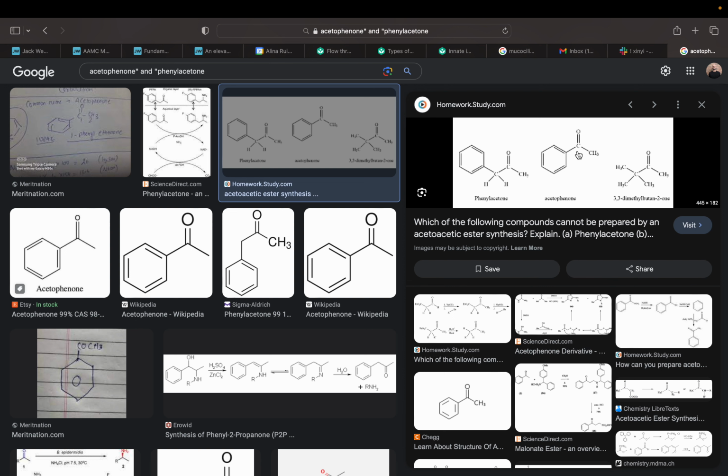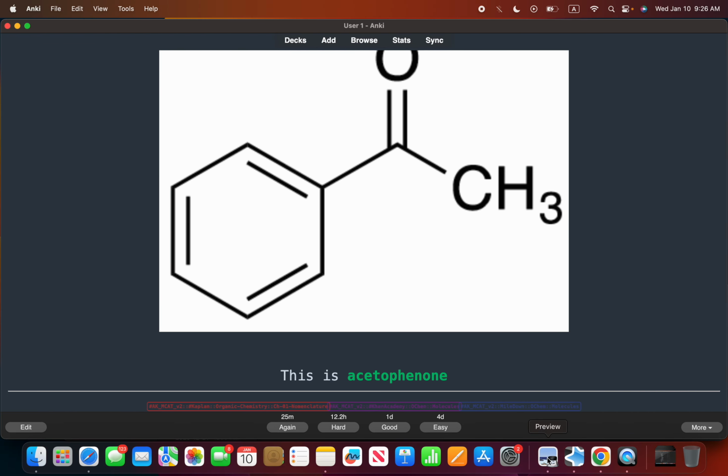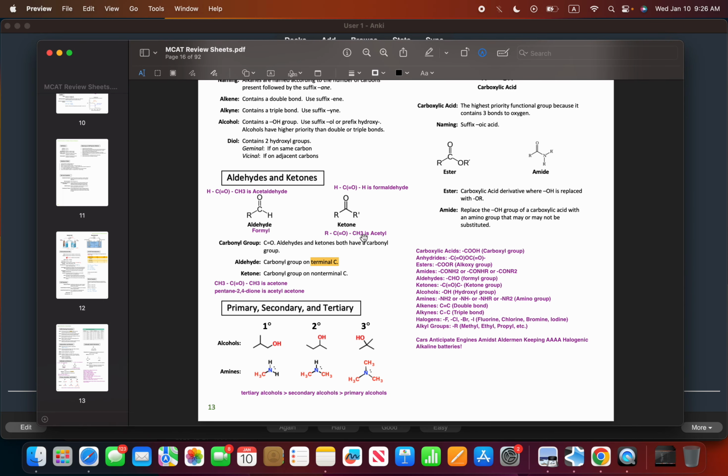But acetylphenone is the double bond carbon, the CO structure attached to the phenyl, and then there is another. So it's a phenone, but the aceto refers to the fact that there is what is acetyl group? Wait a second, I'm getting confused here. So acetyl is the C double O and an R and a CH3.